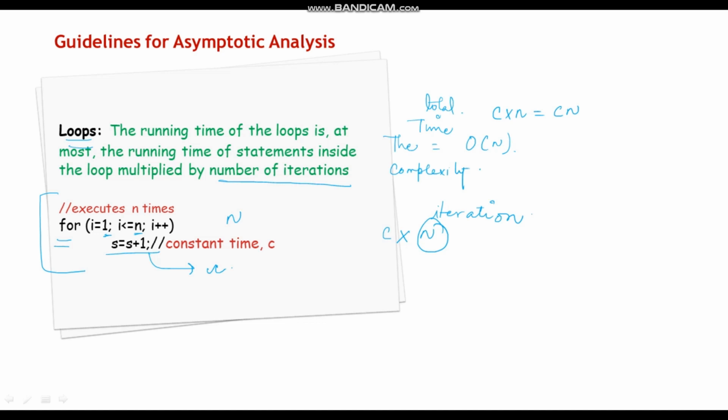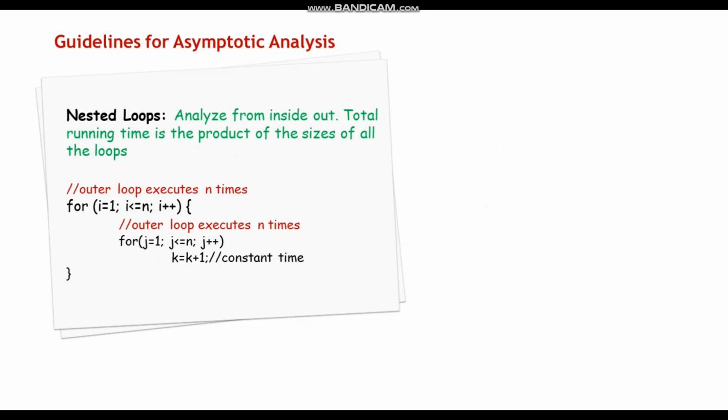Nested loops are analyzed from inside out; the total running time is the product of sizes of all the loops. Let's say we analyze the innermost portion of the code. Here I have a statement that has a constant time, under an inner loop that executes n times, so n iterations, and this again is under an outer loop that runs n times.